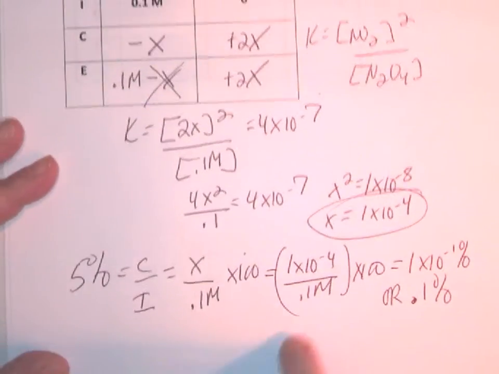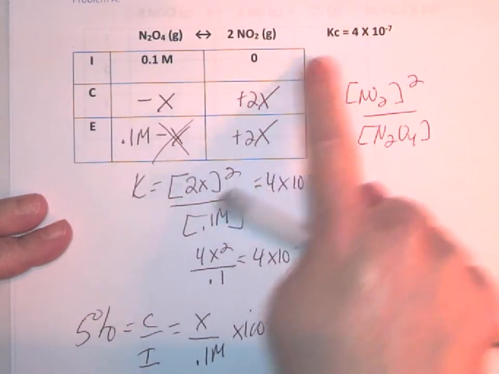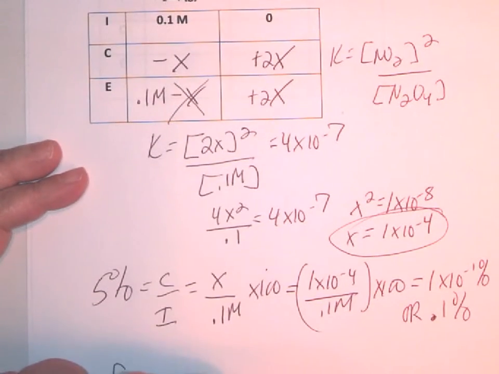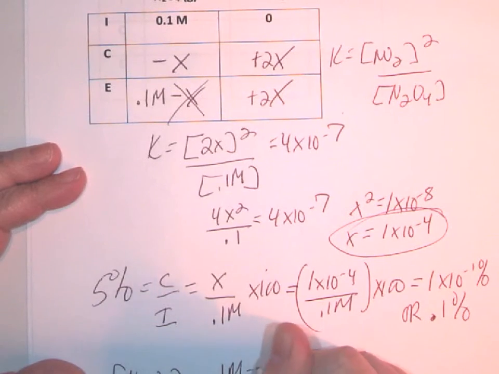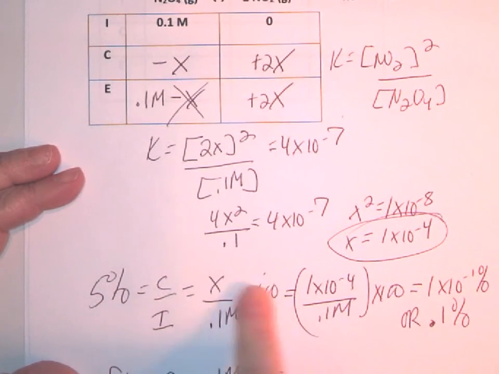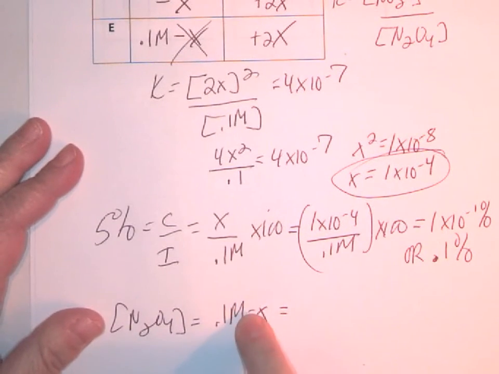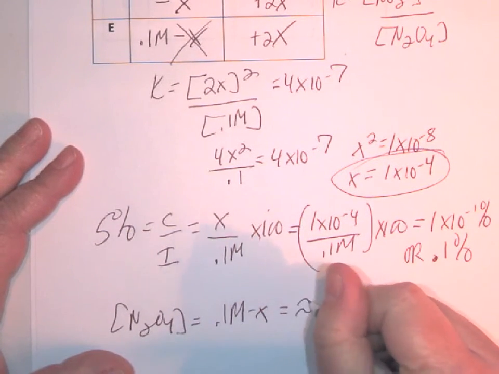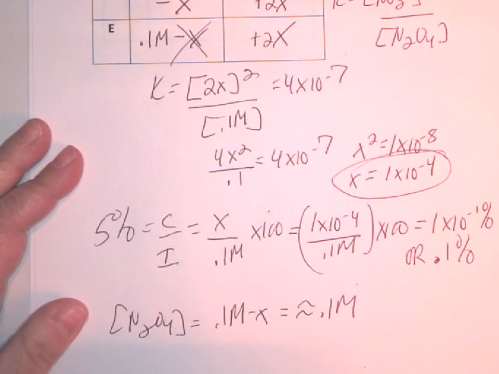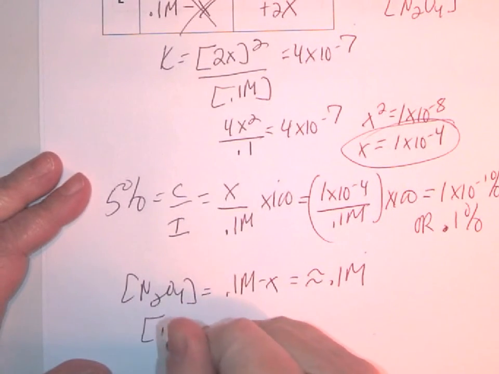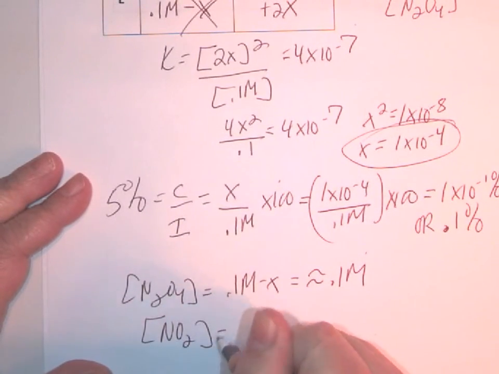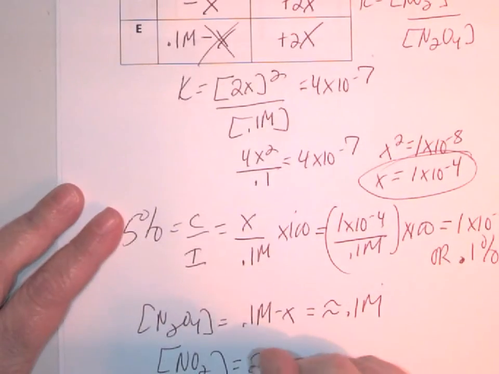Because that's good, now I can calculate my equilibrium concentrations. I'm going to look at the N2O4, which is 0.1 minus x. That is such a small x that it's not even going to impact the 0.1 molar. So I'm going to say it's essentially 0.1 molar. And then my concentration of NO2, according to the E, is 2x.